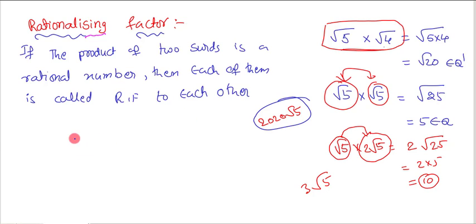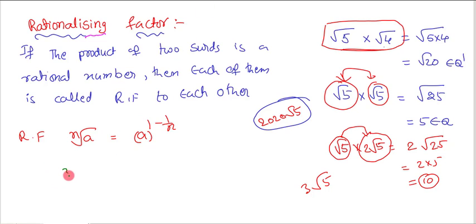Okay, so here you need to understand one more important formula: the rationalizing factor of the nth root of a is a to the power of 1 minus 1 by n. So, sir, how to apply this formula?